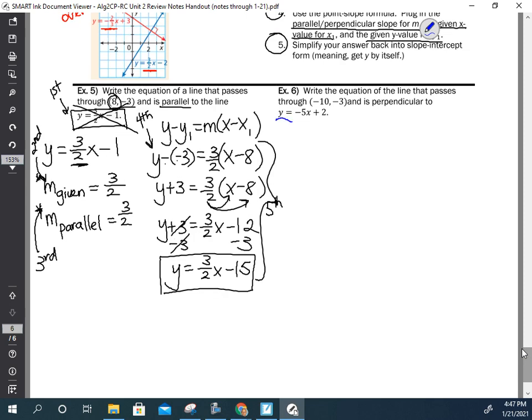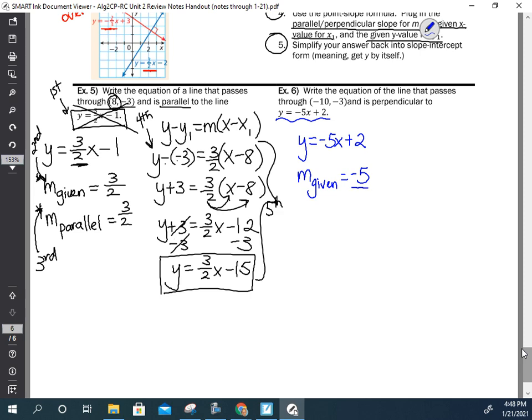We start with the equation they gave us, y equals -5x plus 2. There's nothing that we need to rewrite because we already have it in slope-intercept form. So first step is taken care of. Step 2, identify the slope that's given to you. So it's -5.